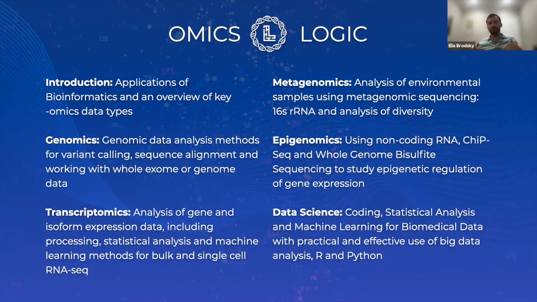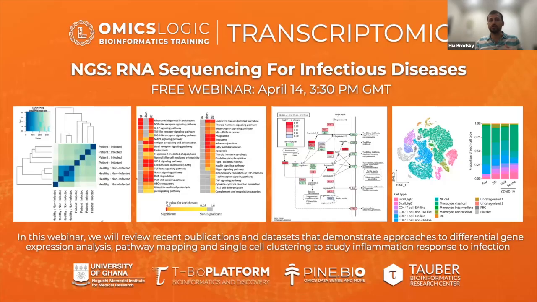Now, on top of this asynchronous type of coursework, we also offer an in-depth and expert-guided training. And so as an example, we have these programs that are called OmicsLogic Transcriptomics, OmicsLogic Data Science.